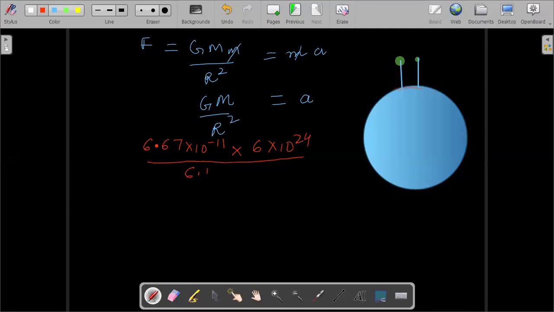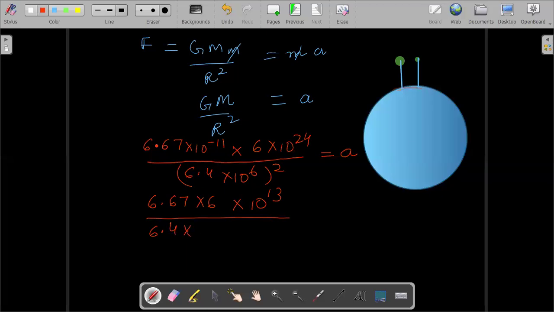It can be written as 6.4 times 10 to the power 6, the whole square. So I will calculate this as 6.67 times 6 multiplied with 10 to the power 13, divided by 6.4 times 6.4, and here you will have 10 to the power 12.